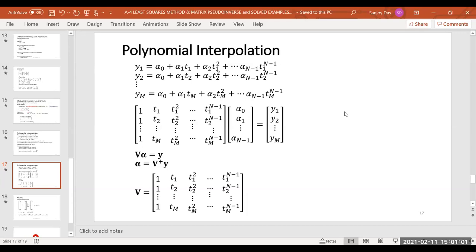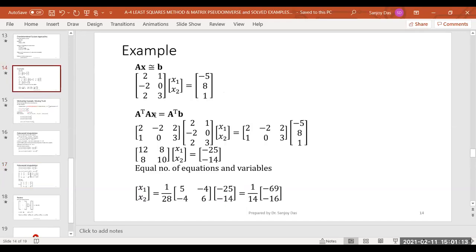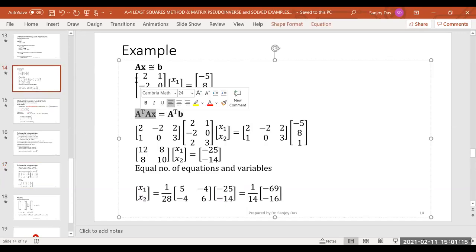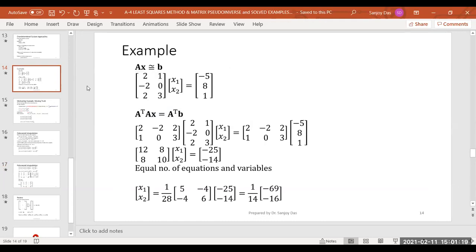Yeah, so I wanted to ask what conditions must there be on A transpose A for it to be invertible? That's a good question. This must be a full column rank matrix.